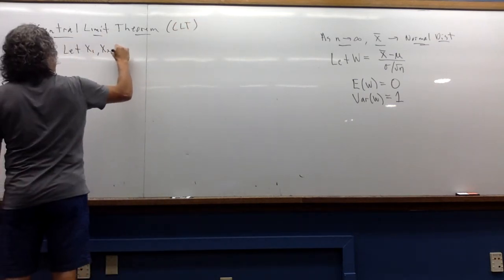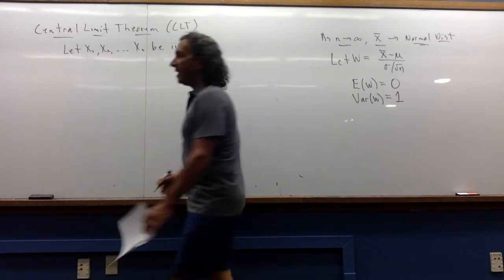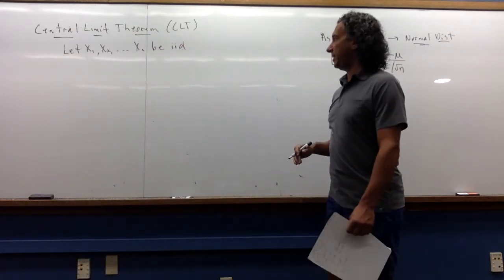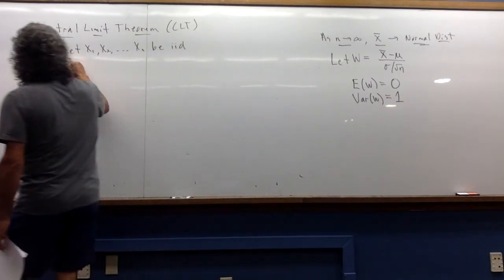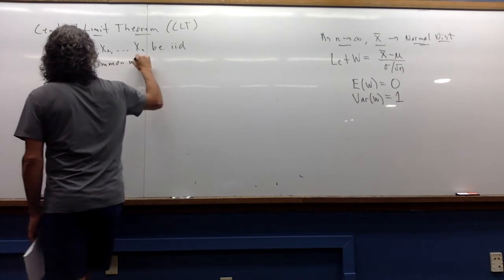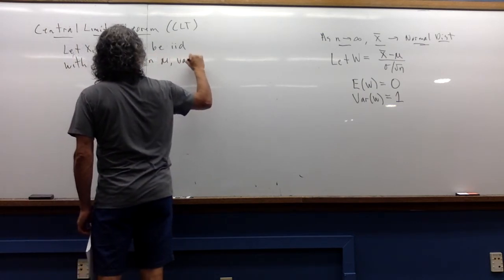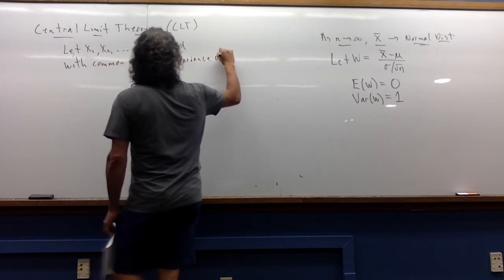Let x1, x2, up through x of n be IID, again, independent and identically distributed, with common mean mu and variance sigma squared.